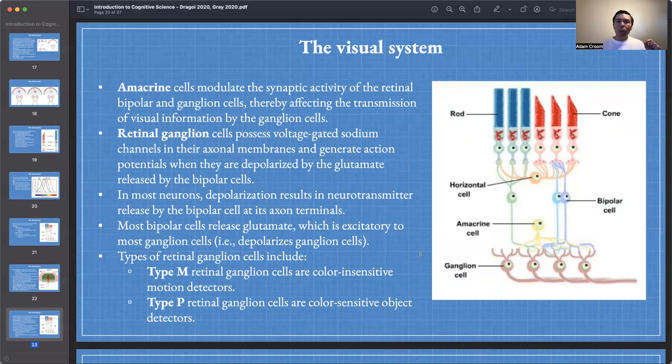One of the reasons I'm pointing out the complex, systematic, yet specialized nature of the brain is that in the brain and in the body, there are lots of different components. They all serve different functions, specialized for different things. Like, hey, I'm a cone, I do color well, or I'm a rod, I do motion well.